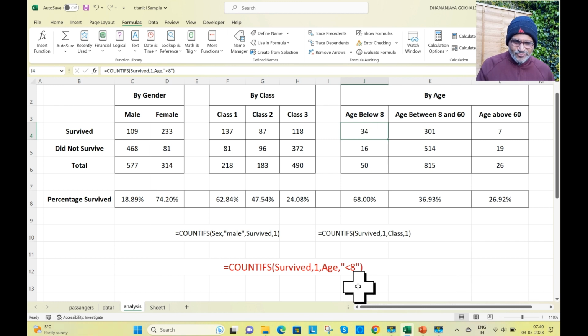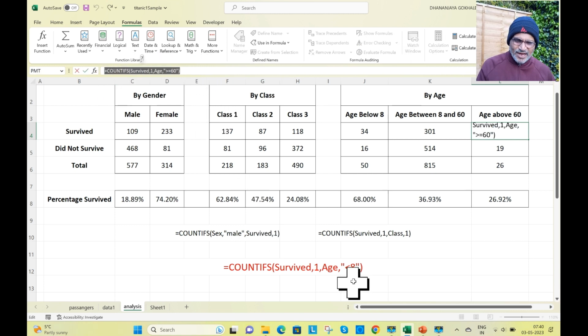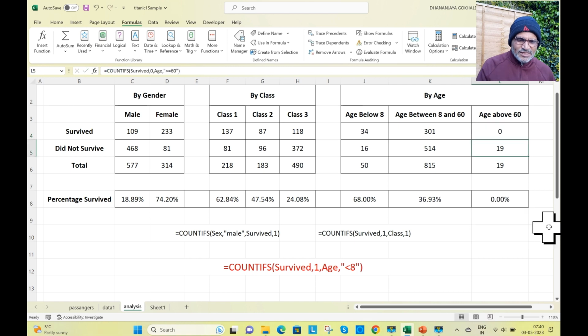Now if we could write here less than 8, we could pretty much write here greater than 60 for this. It's nothing other than how we wrote earlier, except that instead of less than 8, we are going to write greater than or equal to 60, right? That makes a slight difference.